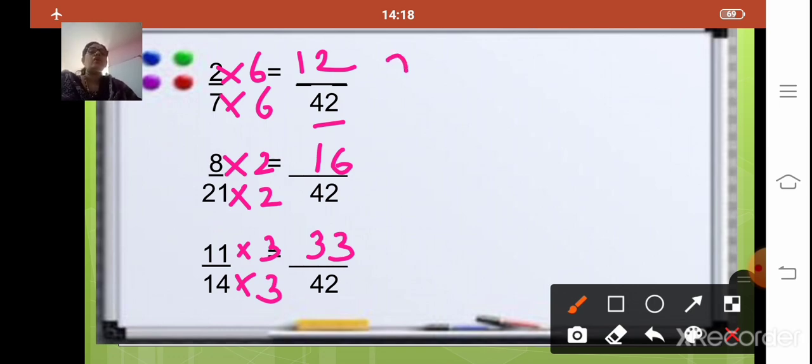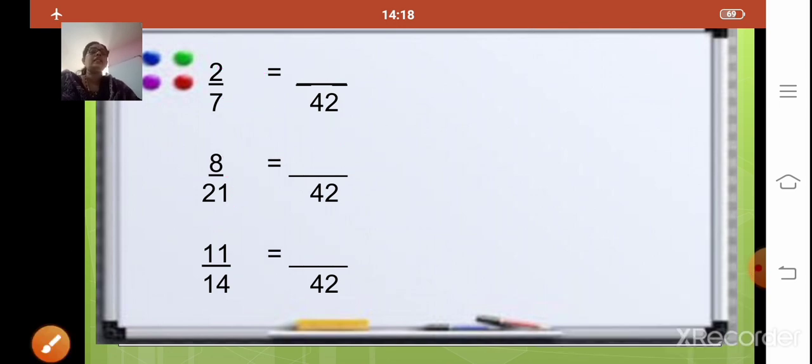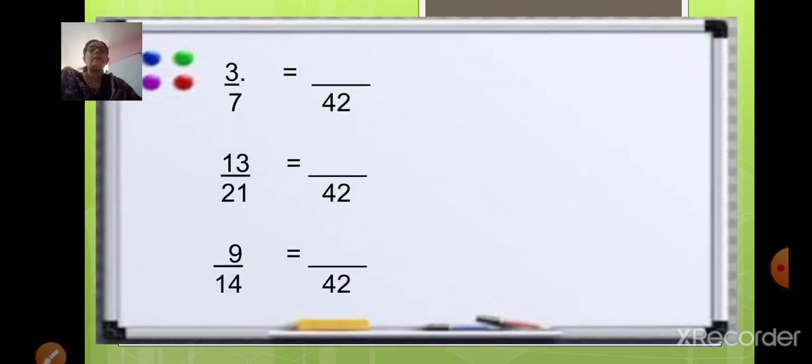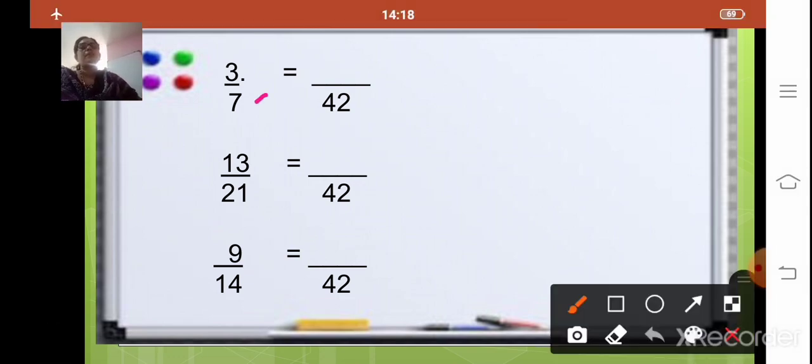So we have got all the three like fractions where your denominator is 42. Now take the next three fractions: 3 upon 7, 13 upon 21 and 9 upon 14. Same way here also, 7 multiplied by 6 will become 42.